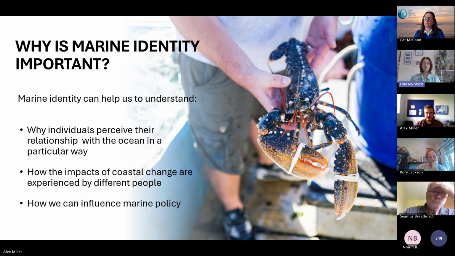And those different relationships, different responses and different levels of public acceptance really are a reflection of different types of marine identity. So by understanding marine identity, we can really start to unpick the roots of these conflicts and try to move towards a more shared understanding of what the vision for ocean sustainability really means in different contexts.